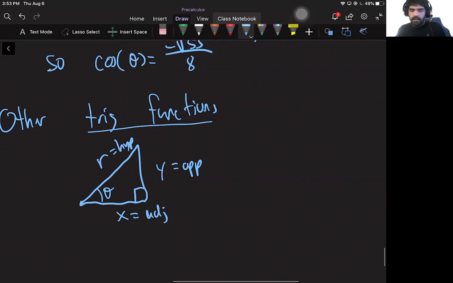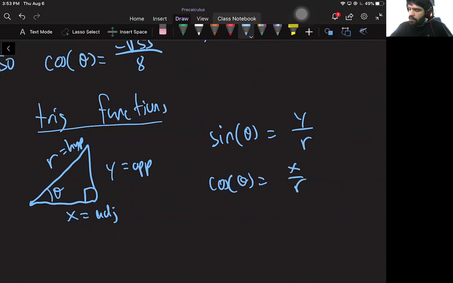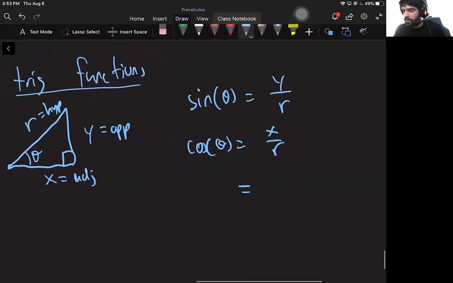But in any case, sine is just one of the possible ratios. So you can do your y divided by your r, your opposite to your hypotenuse. You can do your adjacent to your hypotenuse, which is x over r. But there's many other ratios, and so we define names for these other ratios too.